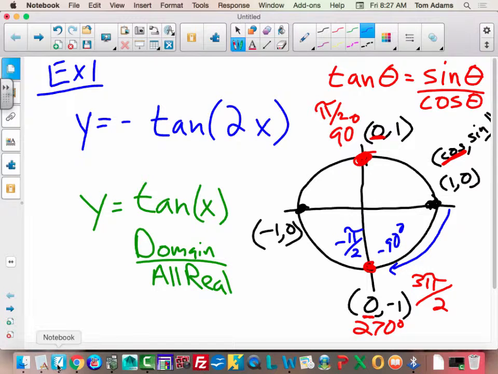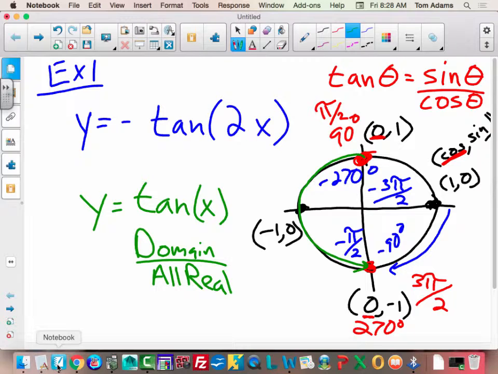And then this one up here would be -270 and -3 pi over 2. How far do I rotate to get from here to here? 180 degrees. What is that in radians, though?